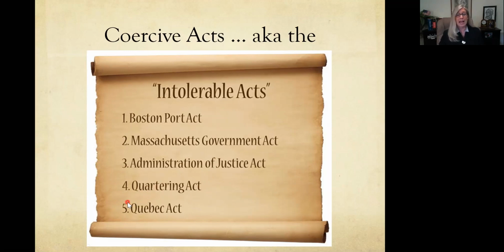And then the Quebec Act was kind of an add-on to the original Coercive Acts. The Quebec Act, if you'll remember, Quebec was in New France, that's now part of Great Britain, so in Canada. And the property of Quebec is expanded dramatically, and the British are going to allow them to worship as Catholics if they wanted to.